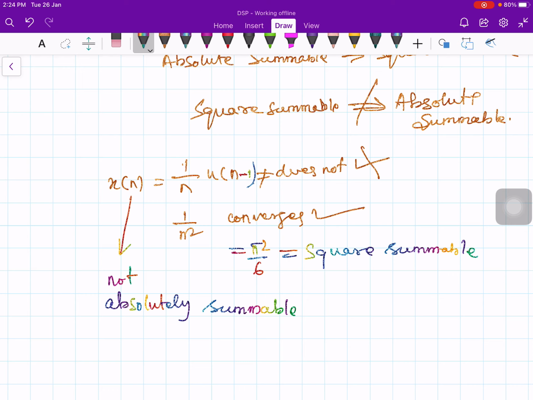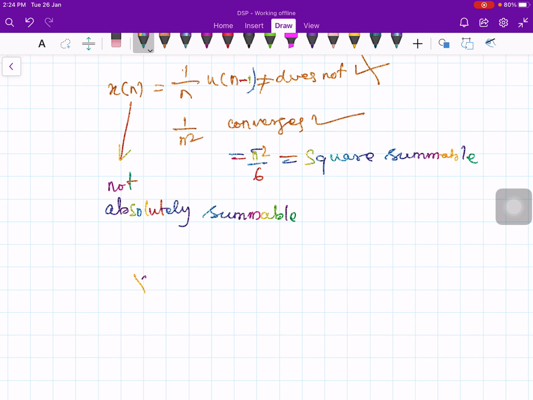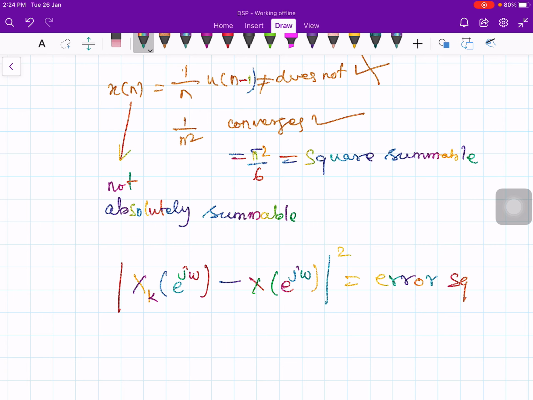Okay, and in this case what you have to find out is the following. You take x suffix k of e to the j omega minus x of e to the j omega, take the magnitude of this, and this is the error squared, and you square it.